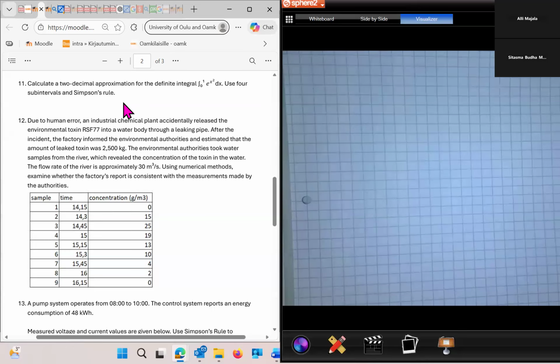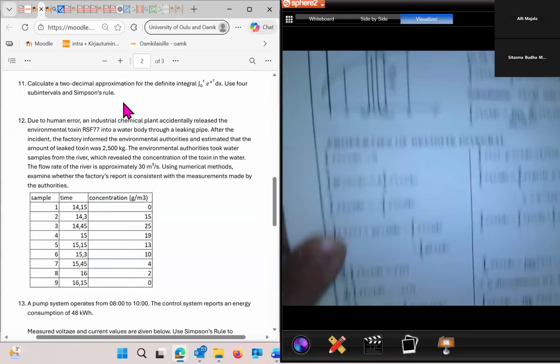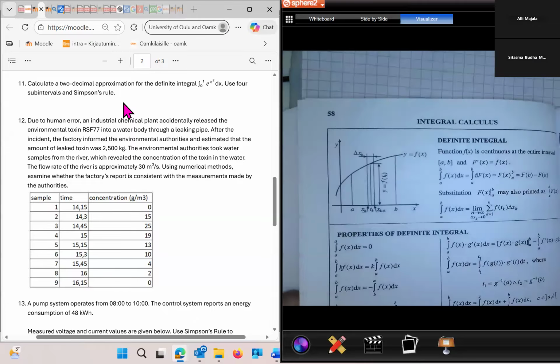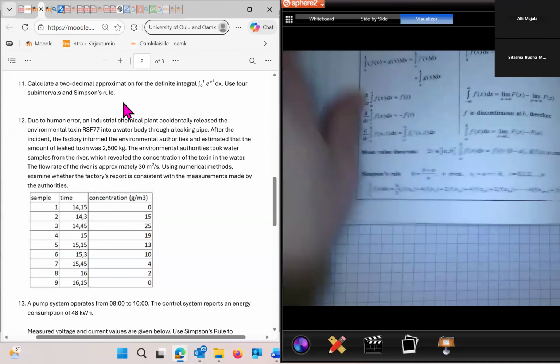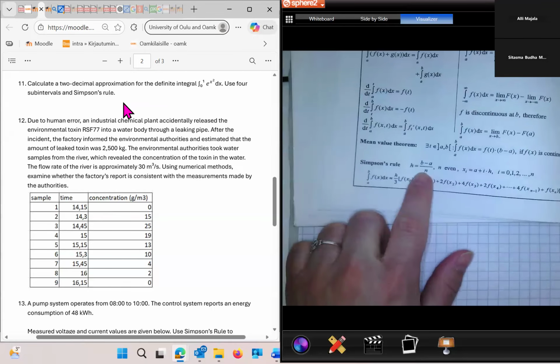I have to put those video links there as well for the next ones. Simpson formula is Simpson's rule here, 58. Simpson's rule.